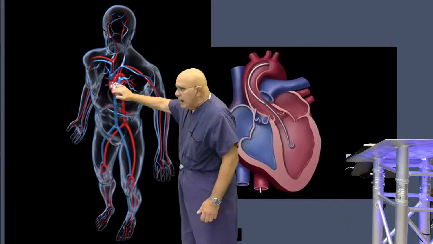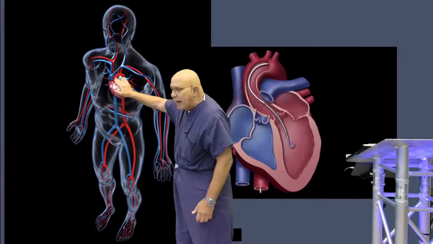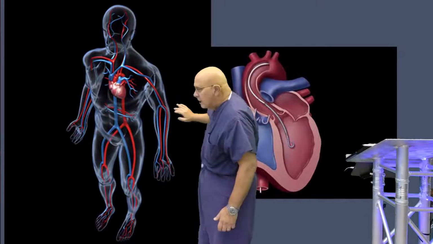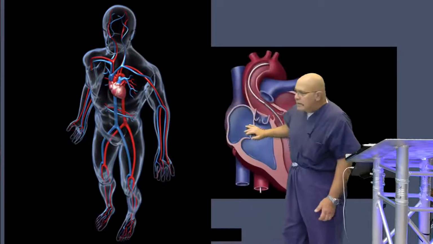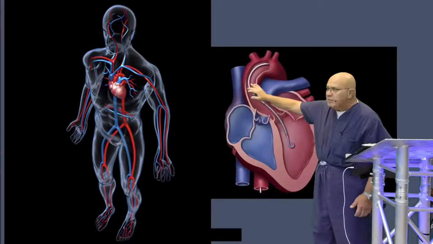But whatever returns to this heart and is ejected into the aorta, either by contraction or by mechanical means, vis-a-vis this Impella, is what is going to be seen further up.